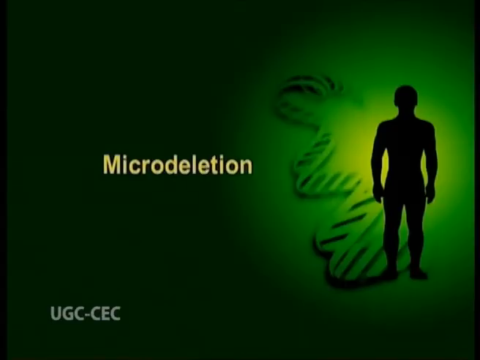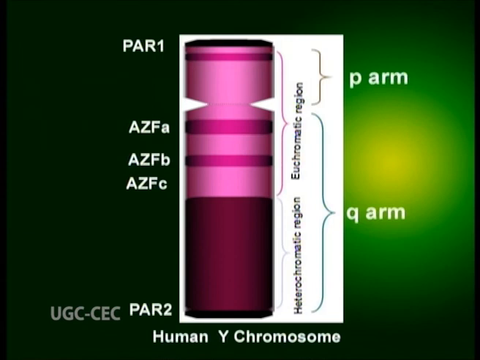There is also another abnormality called microdeletion, that is mostly seen in case of the Y chromosome. On the Y chromosome, there are three regions which are responsible for sperm production, azoospermia factor A, B and C. If there is any deletion in those regions, it ultimately leads to an abnormal semen profile.